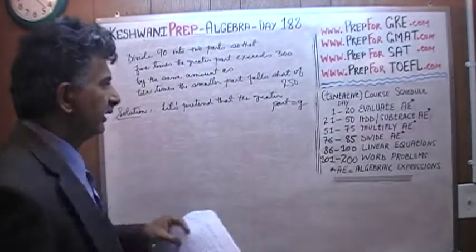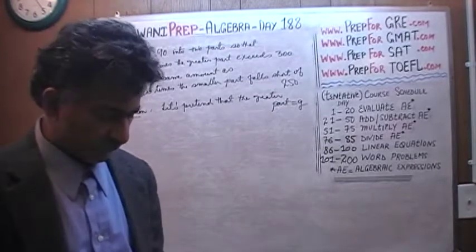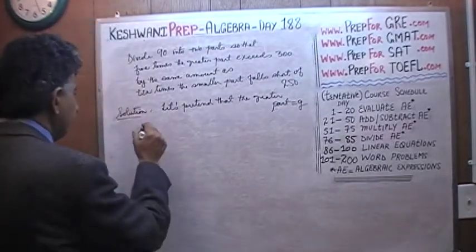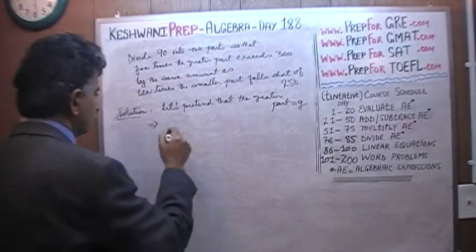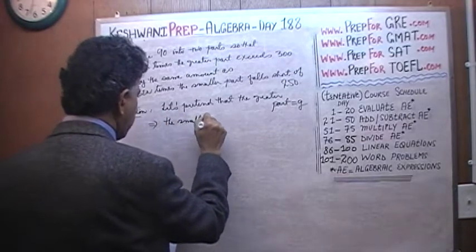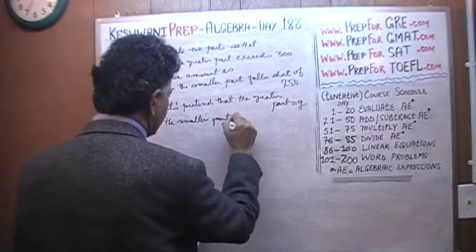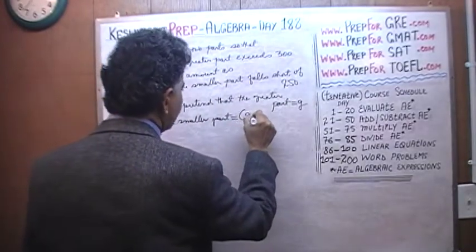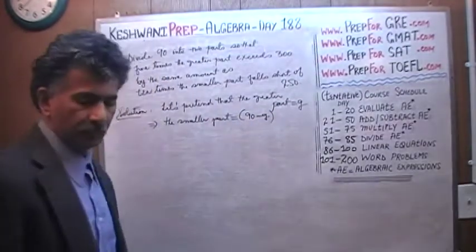So we are defining variable g for the greater part, g for greater. That would imply that the smaller part must equal whatever is left from 90 after g.